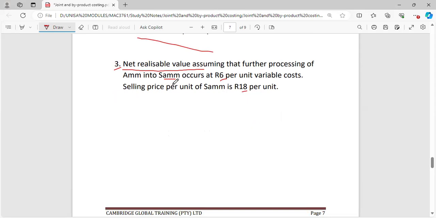ARM was converted to SUM at 6 rand per unit variable cost. The selling price per unit of SUM is 18 rand. So let's start by calculating the net realizable value of SUM.